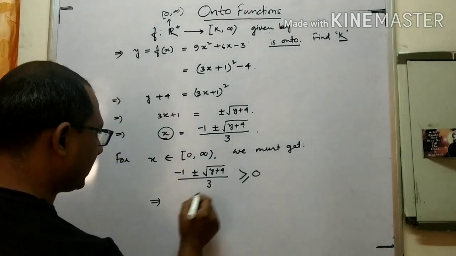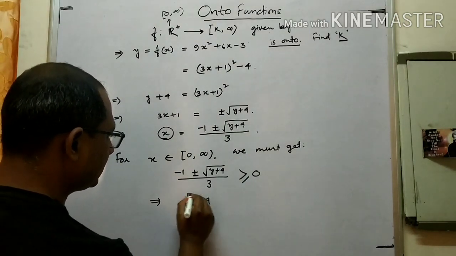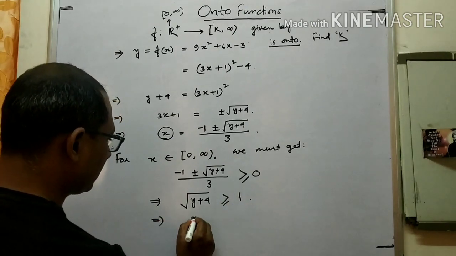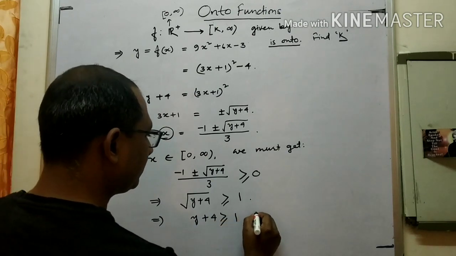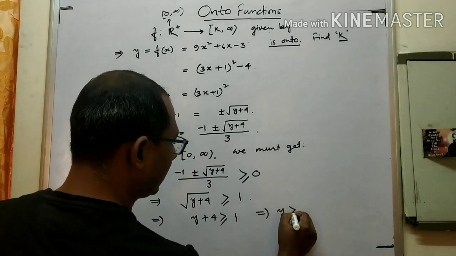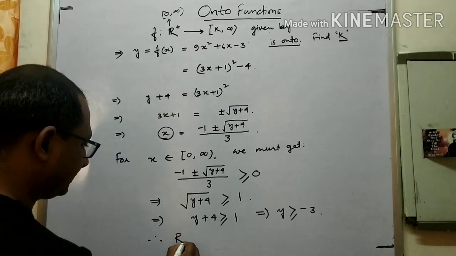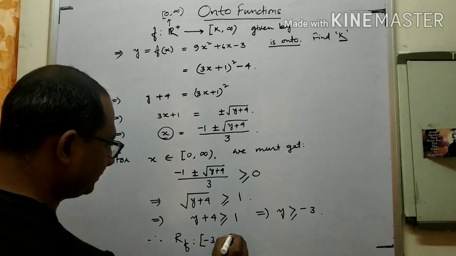So from here I will get that the square root of y + 4 will be greater than or equal to 1. So y + 4 is greater than or equal to 1, and y will be greater than or equal to −3. So the range of the function is −3 to infinity.